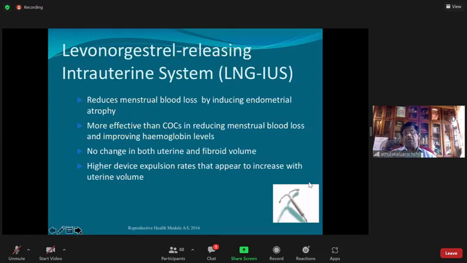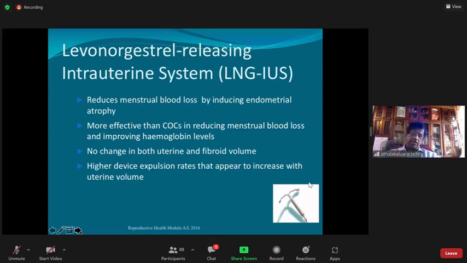If the uterine cavity is not altered, right? Suppose you have a 45-year-old patient with a normal uterine cavity, and the fibroids are outside, not projecting into the uterine cavity, then of course you can sometimes use what we call a Mirena or levonorgestrel intrauterine system for management of heavy menstrual loss, right?